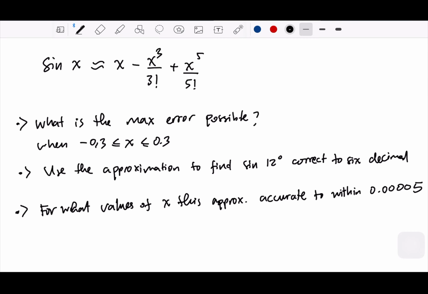So we are told that we have an approximation using this equation, and we need to know the maximum error possible from this approximation on this interval, which is the interval we are going to observe. And then use the approximation to find sine of 12 degrees correct to 6 decimal places. And then for what values of x will this approximation be within the accuracy of 0.00005?